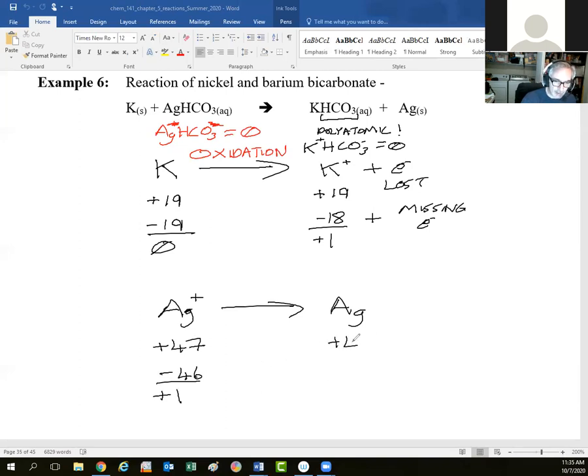Meanwhile, the final silver metal with 47 protons, no charge, and therefore 47 electrons. So we're missing an electron at the beginning, and we can add that back into a half equation.